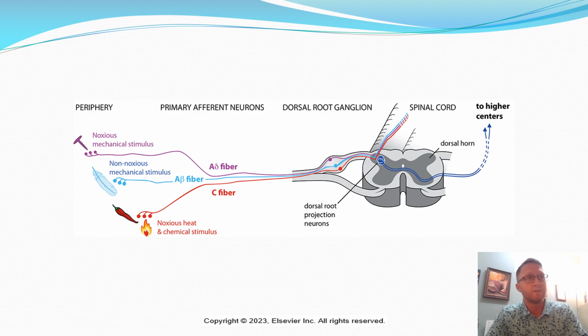So you can kind of start to paint a picture of what those stimuli really look like and how they travel through those different nerve fibers. If you go over to the right-hand side a little bit further, you can see we talked about those primary afferent neurons, the ones that are transmitting sensory information to the central nervous system. They all get processed and sent through that dorsal root ganglion here. So you can see they all end up in the same spot.